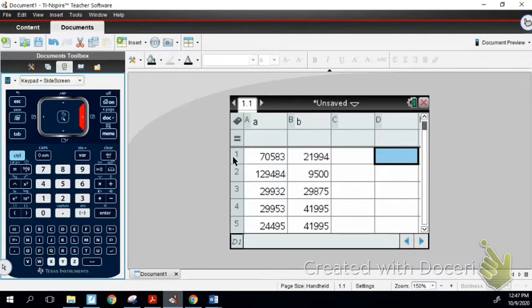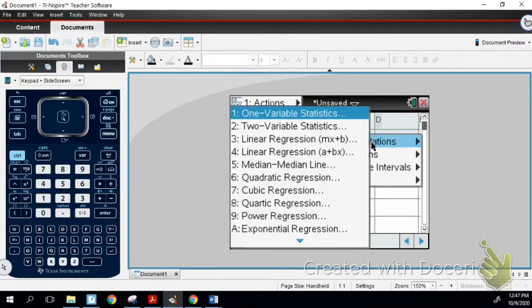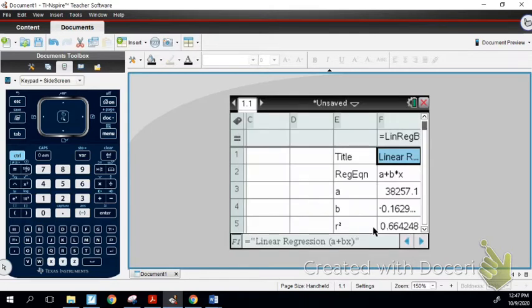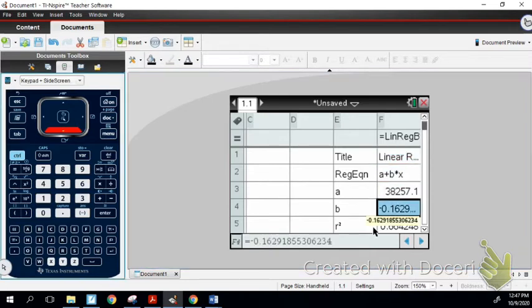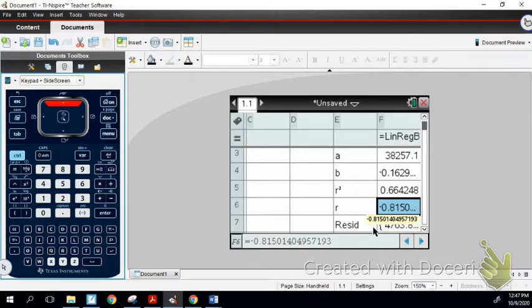So we hit menu, stats, stat calc, and 4 for linreg. If you're using the 84, you press stat, go over to calc, and you want the 8th option and just hit calculate. And you should get the same results that I get. So I named my two lists A and B, hit OK, and here we have our estimates of least squares and correlation.